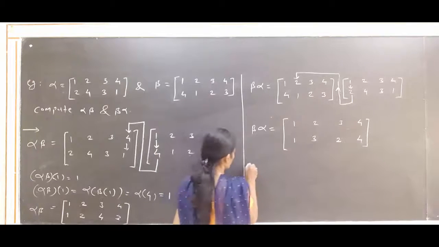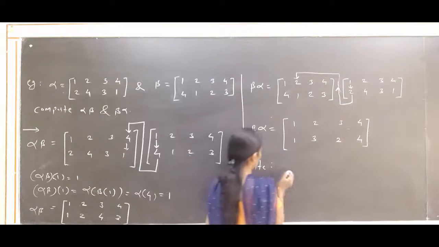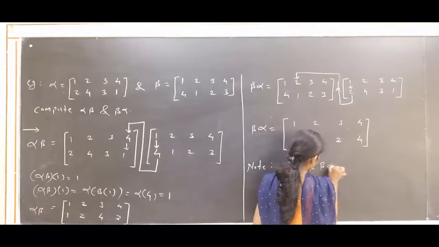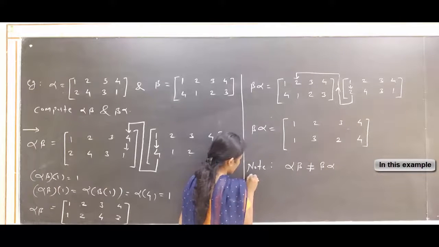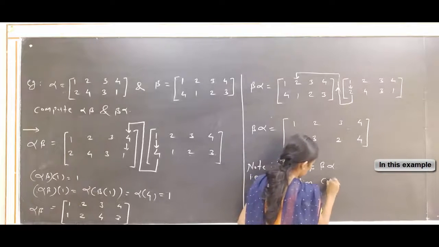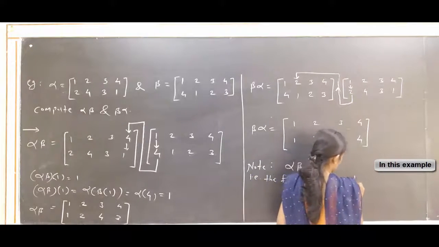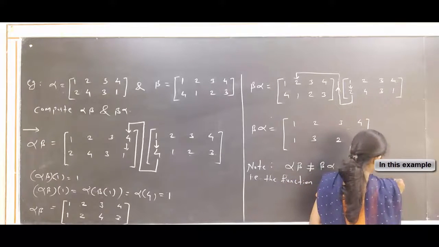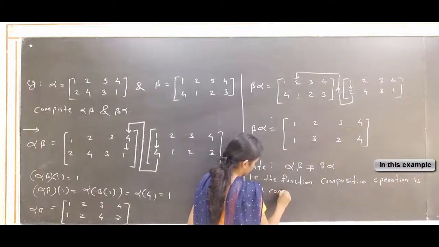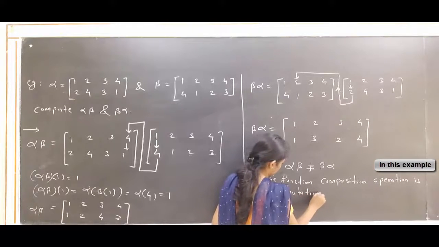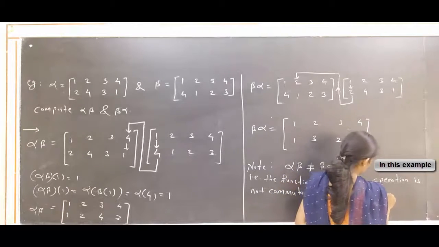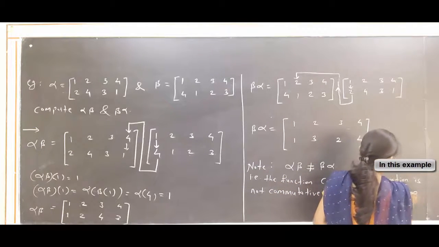So write down a note. Alpha beta is not equal to beta alpha. That is, the function composition operation is not commutative in a permutation group.